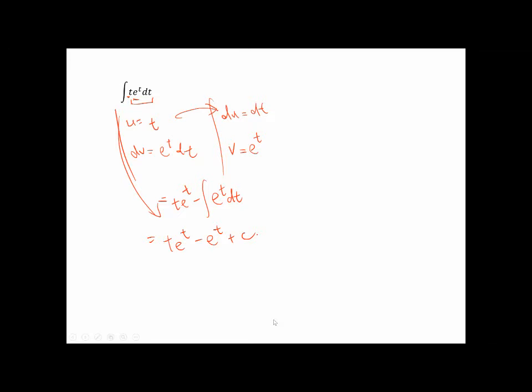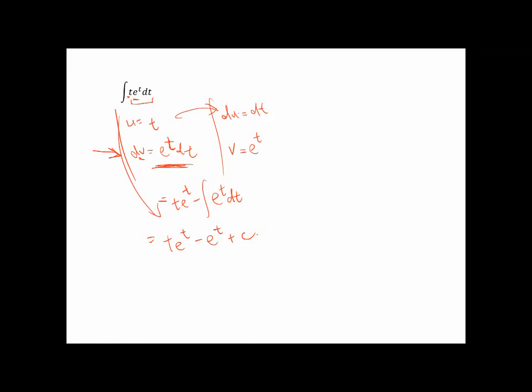Okay, so this problem is simple, but what we want to know is that I want to put the e to the x or e to the t at the dv position.